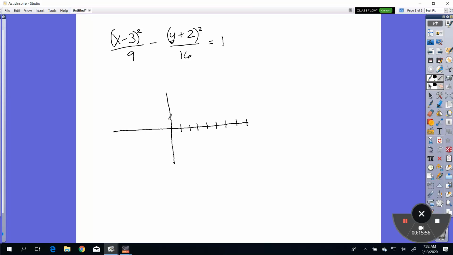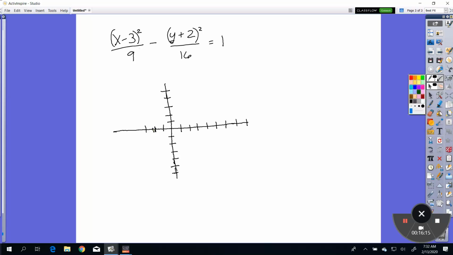So it's a hyperbola. Good. So how did you know it was a hyperbola? Because that was going to be my first question. So good job. So it is a hyperbola because of the minus sign.